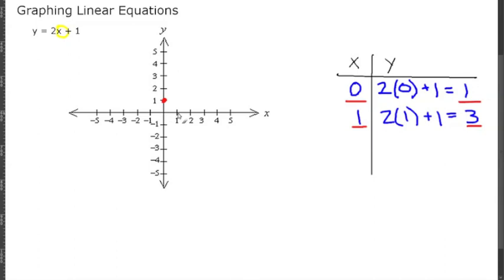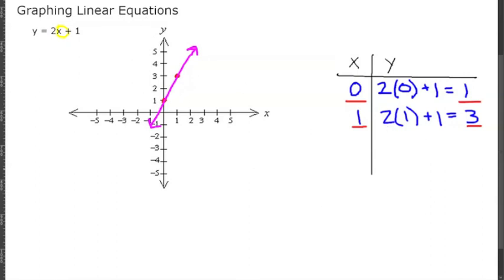So 1 in the x direction and 3 in the y direction. So right there. All you need is 2 points to make a line. So this line is now our linear equation that we graphed.